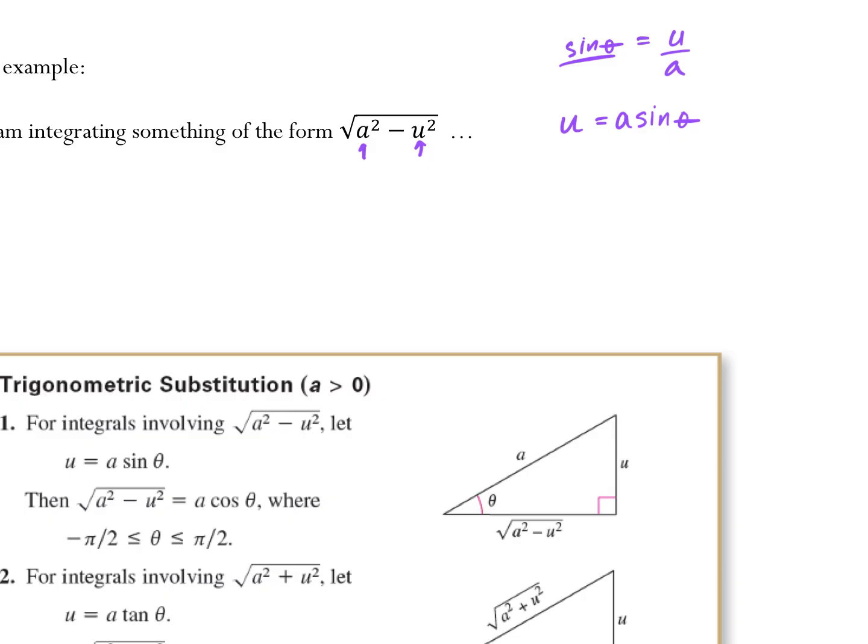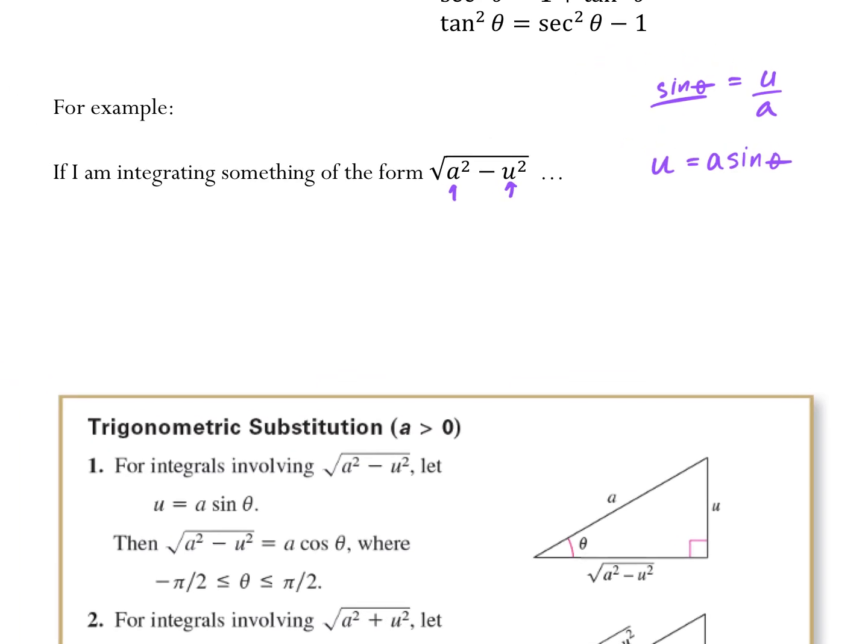We're going to look at this from two different perspectives. If I do that, I can take my u squared out and replace it with a sine theta squared, which I'm going to write as a squared sine squared theta, because then we can use those Pythagorean identities to help us out quite a bit.